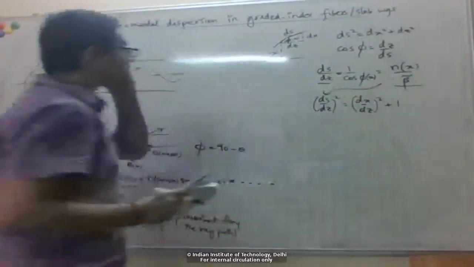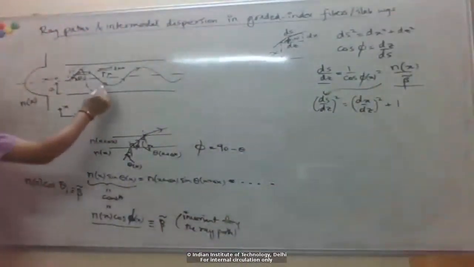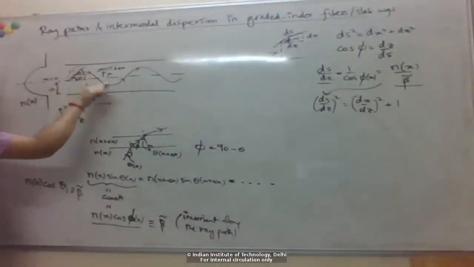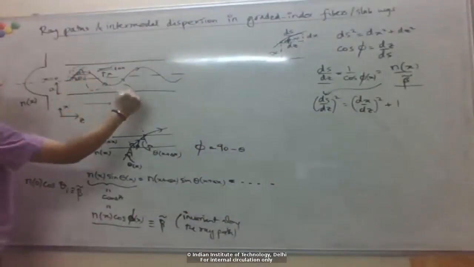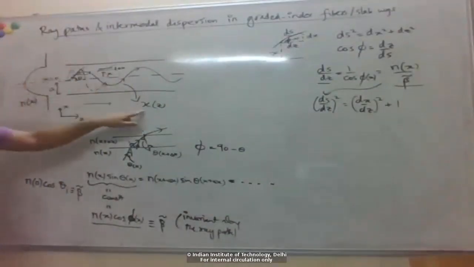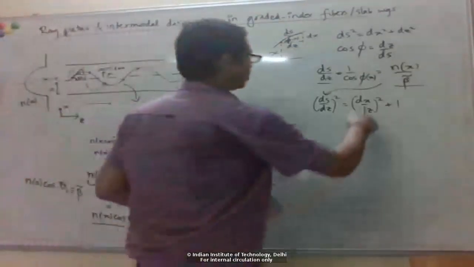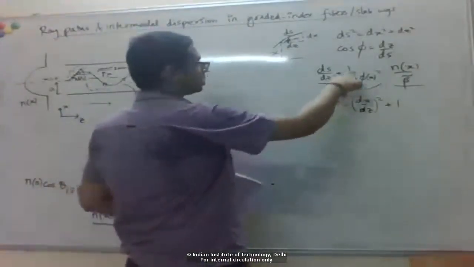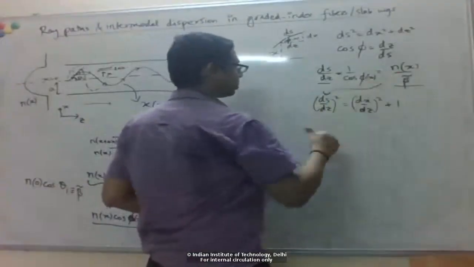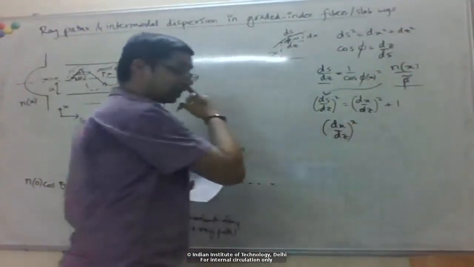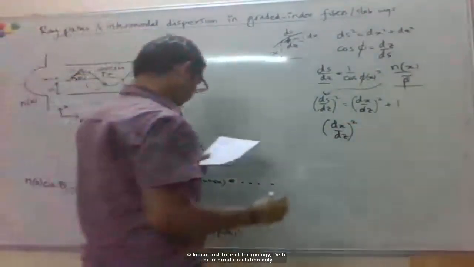So what kind of equation are we looking for, right? What is happening, the ray as it propagates along z, the x coordinate is changing, right? So this curve is basically some function x of z, right? So as z changes, how is the x coordinate changing? So we are looking for some equation x of z. Right, so basically we want a differential equation in terms of x and z, fine. Right, so again we substitute ds by dz equal to that, so we can get now an equation of x and z.